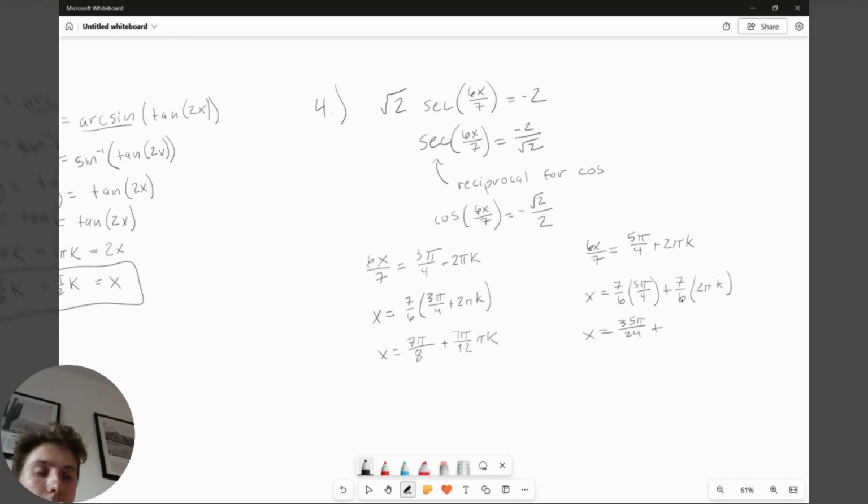Here, though, the 2 and the 6 still simplify. 2 over 6 is 1/3, so this gives us 7 over 3, or 7 pi thirds times k.